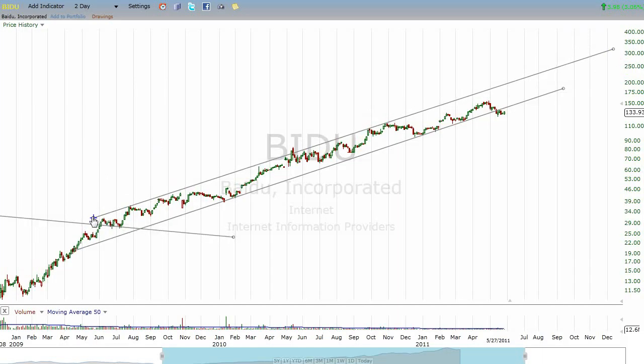If you are in an upward channel and the top line breaks, as it did here back in May of 2010, it is absolutely no problem, and it's easy for the prices to come back down into that channel.